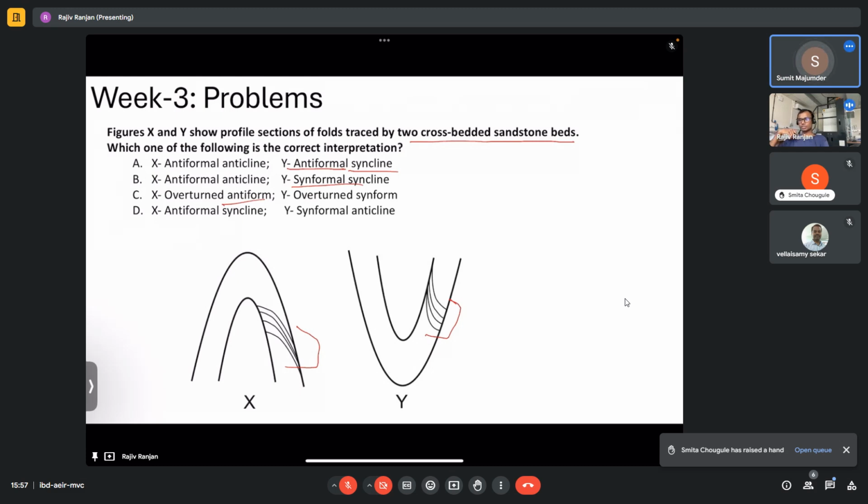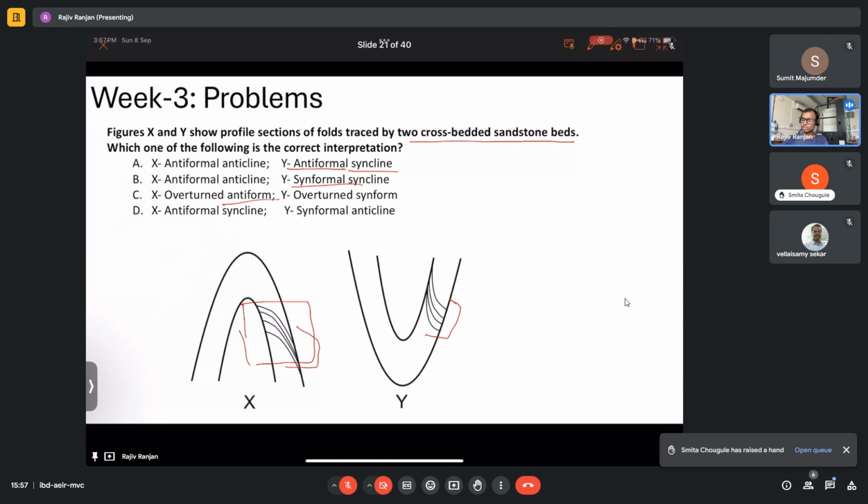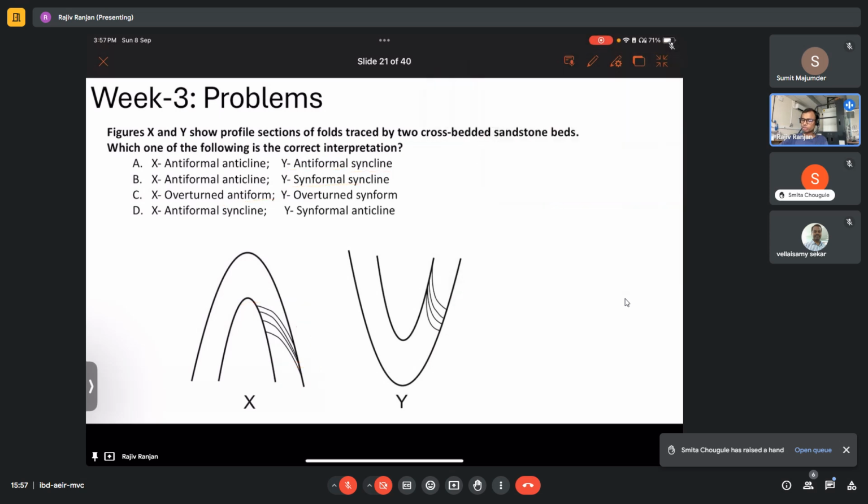You studied in the last lecture, what is the significance of these cross beds? Do you know that? You know these cross beds, right? Last class I discussed, right? If you remember.